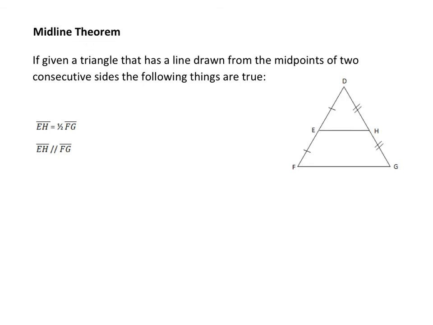And the last thing for our intro video is we need to talk about this midline theorem. So midline theorem says if given a triangle that has a line drawn from the midpoints of 2 consecutive sides, the following things are true. Before we talk about what's true over here, let's make sure that this makes sense. So we have 2 midpoints. E is a midpoint and H is a midpoint. E is the midpoint of DF.